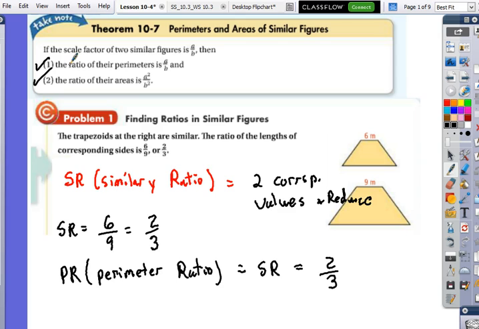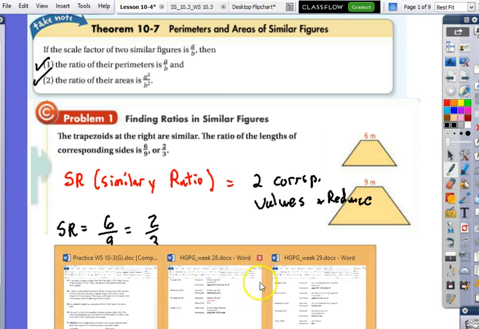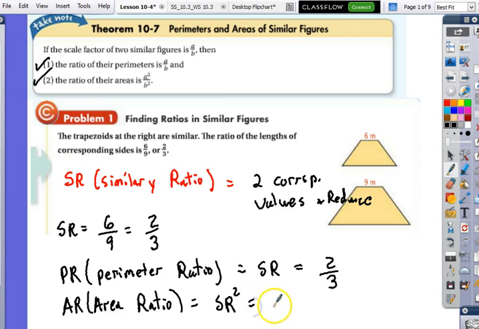And since area is found in square units, the area ratio will equal the similarity ratio, but we're going to square it. So in this case, the similarity ratio was 2/3, but we're going to square 2/3. What's 2 squared? 4. What's 3 squared? 9. So the area ratio is 4 to 9. Let me make that look more like a 9.